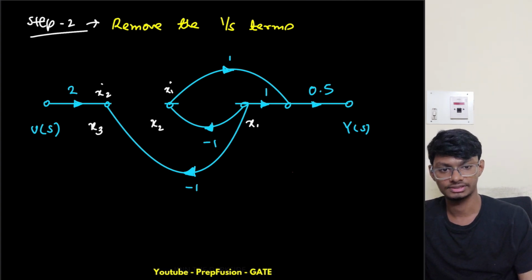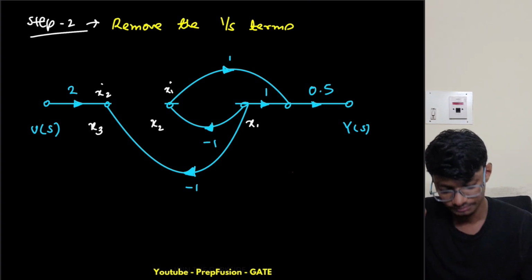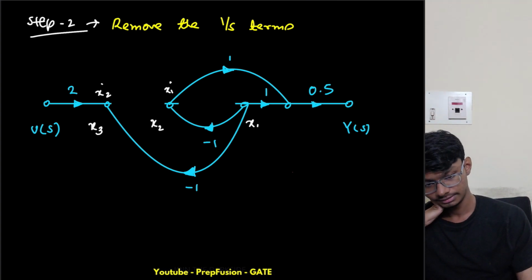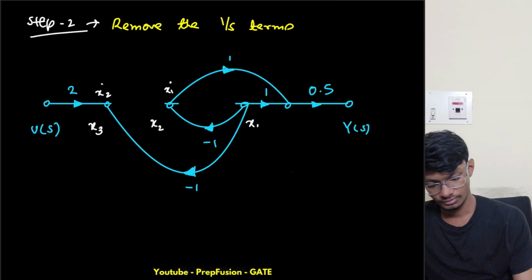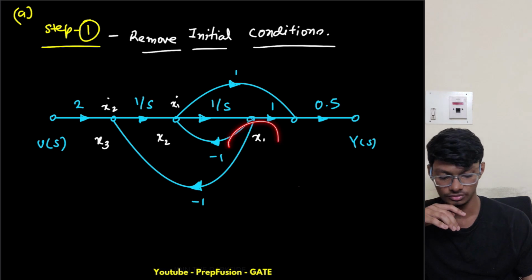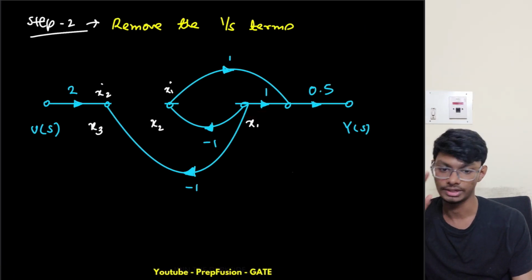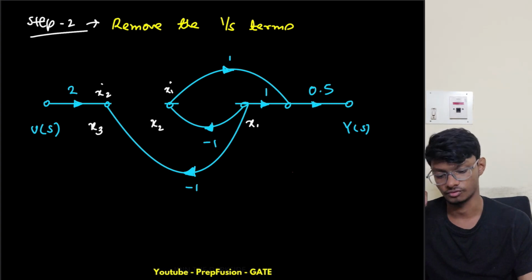So x3, I can write or not write, doesn't matter. One thing I can notice here is, are there any multiple forward paths? For now, yes, there it was, that's why I chose x1 like this one, but here it isn't, right? So I can simply write the state equation instead of that transfer formula, right?